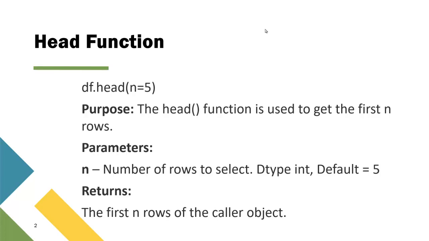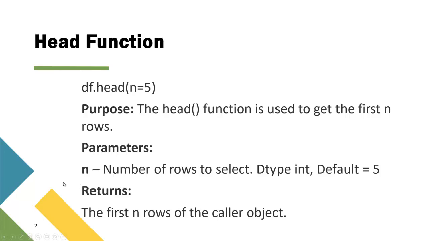Yes. So now let us learn the syntax of the head function. First the data frame name, suppose df, then the head function, and it takes in the parameter n. By default, the value of n is 5. So what is this n?